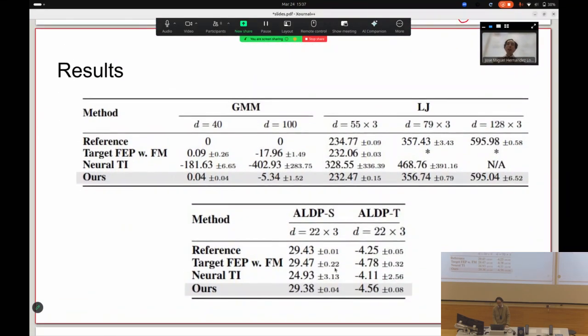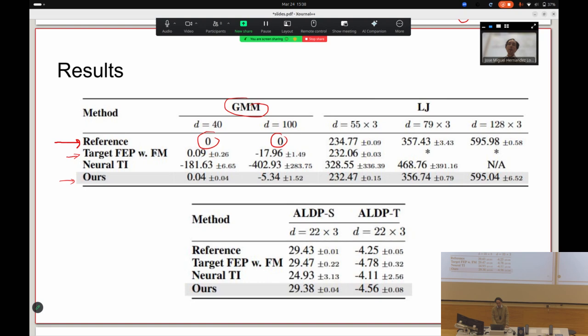How does this work in practice? We compare with MBAR. MBAR is a state-of-the-art method. You need to generate samples from the intermediate distributions, but it gives you very accurate estimates of the free energy difference. In the Gaussian mixture model, we know the ground truth, which is 0. And we see how our method does here and compare with the target free energy perturbation.